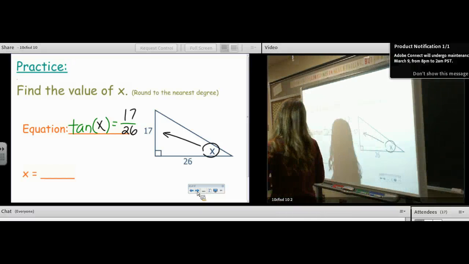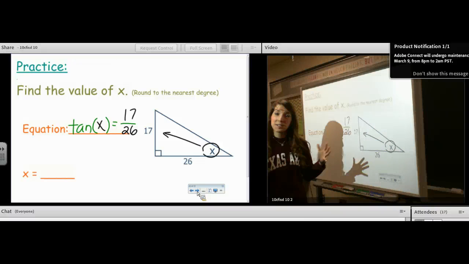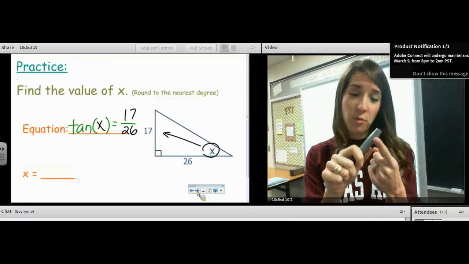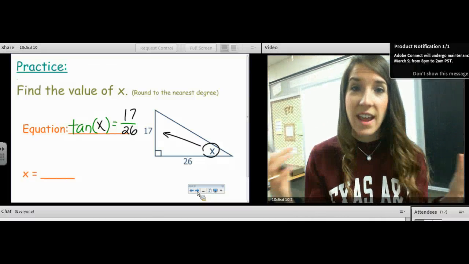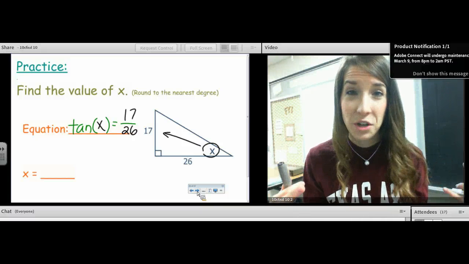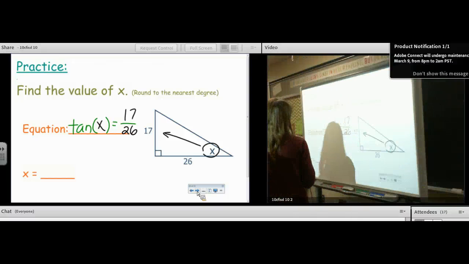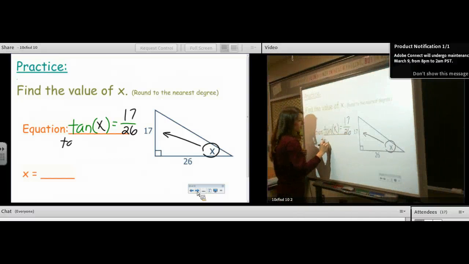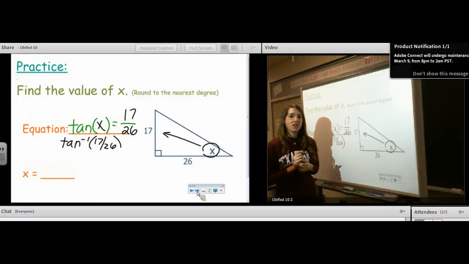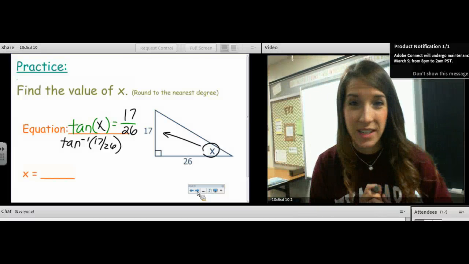Opposite over adjacent. Then you play where's Waldo, where's x? Is it in the numerator, the denominator, or the angle? It's in the angle. It's trapped in the tangent function. So we're like the special agents and we have to go untrap him from the tangent function. We're going to rescue you. We're coming. The only way to rescue someone from the tangent function is to do the inverse tangent.